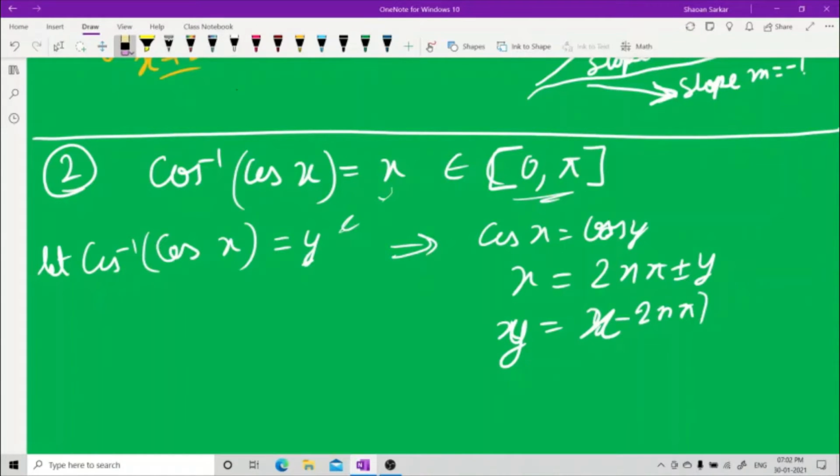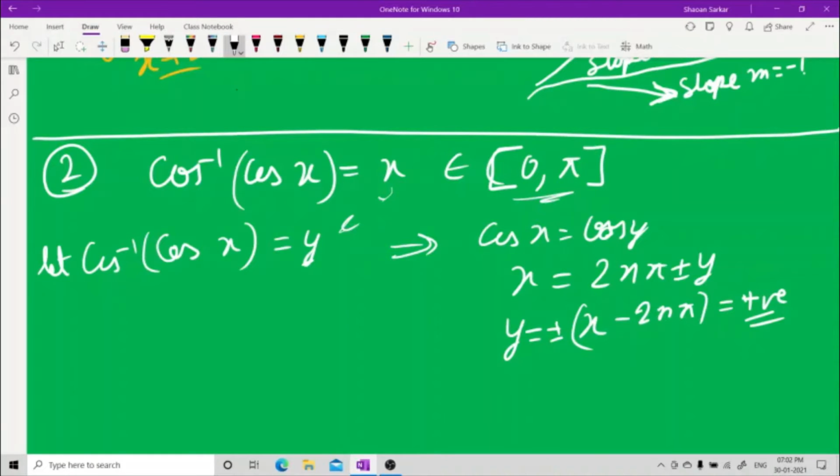Let's not rewrite, let's clear them. This is now y equal to x, and this is plus minus, both ways. This is plus minus, that means you will always get a positive value.